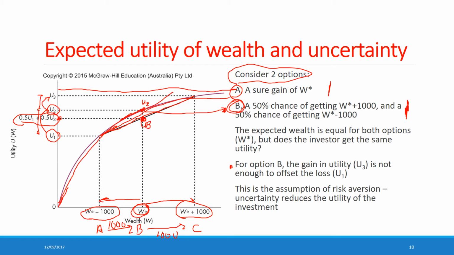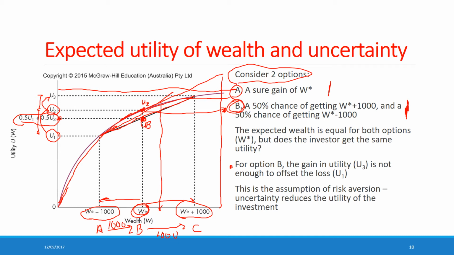So if you plot them on the graph, the expected wealth from the investment should be somewhere here, right? So the implication here is, in the face of uncertainty, a risk-averse investor or an investor with a diminishing marginal utility function, they would require higher return, right, to compensate for the risk.